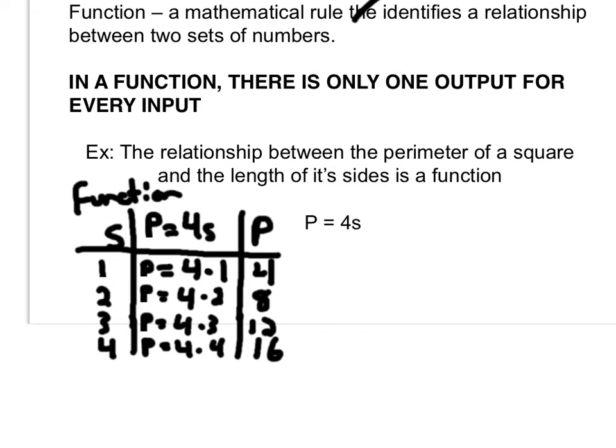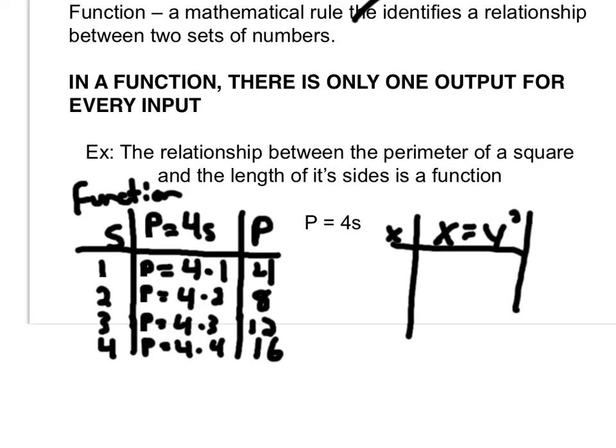Now let's look at one that would not be a function. Okay? Well, let's say that I have x is equal to y squared. Okay, and I've got some x's and I've got some y's over here. Okay, so let's say I put in 1 for an x.